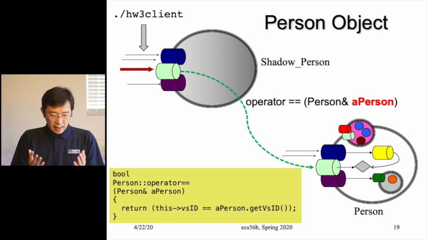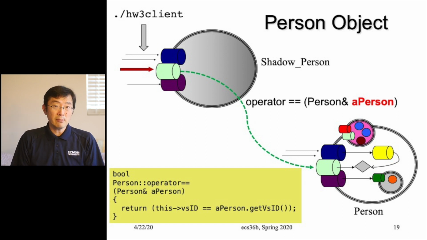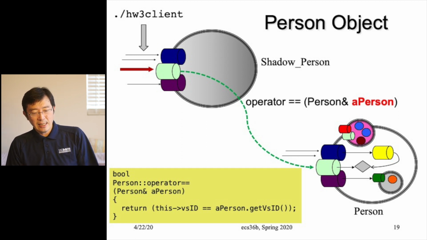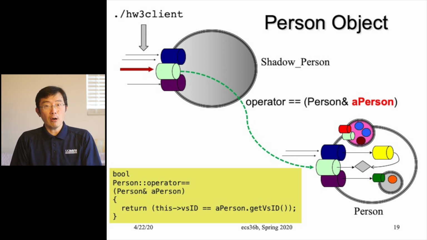Inside this code, it takes one parameter, which is a reference to a person, and it will return the comparison result between the VSID of this object and the VSID of the person. Okay, so that's the function I want to call.